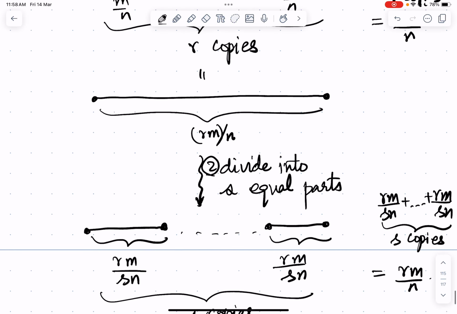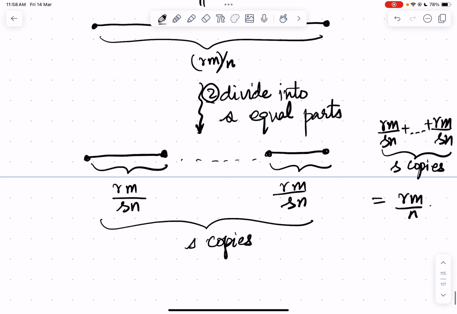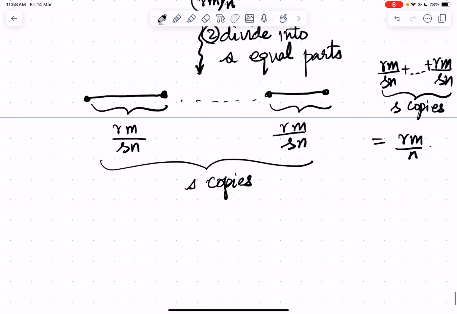Now we divided into s equal parts, then we got length rm by sn. So each part will be length rm by sn. We got s copies of length rm by sn. So we have found an interpretation of the product of these two rational numbers.